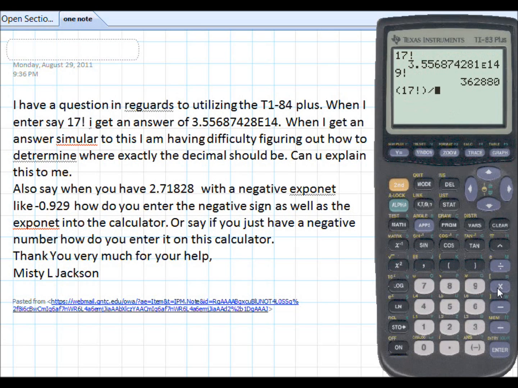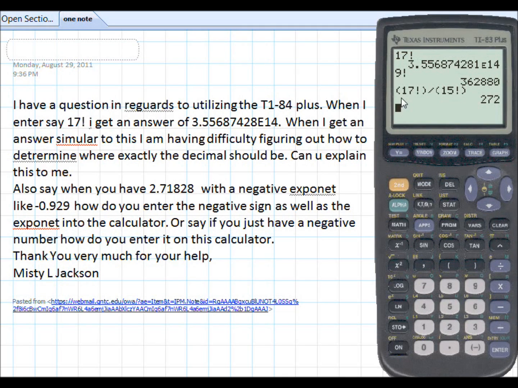Yeah, let's make it even more bulletproof here. Divided by 15 factorial. And boom, boom, boom. Factorial. And enter.